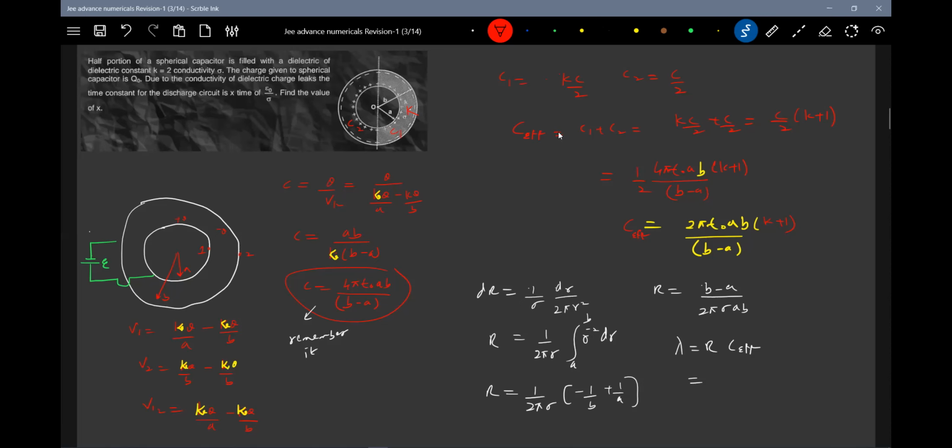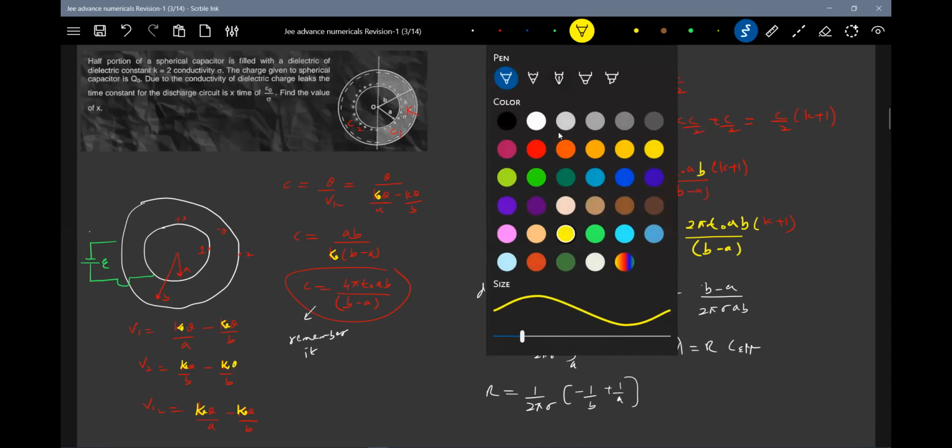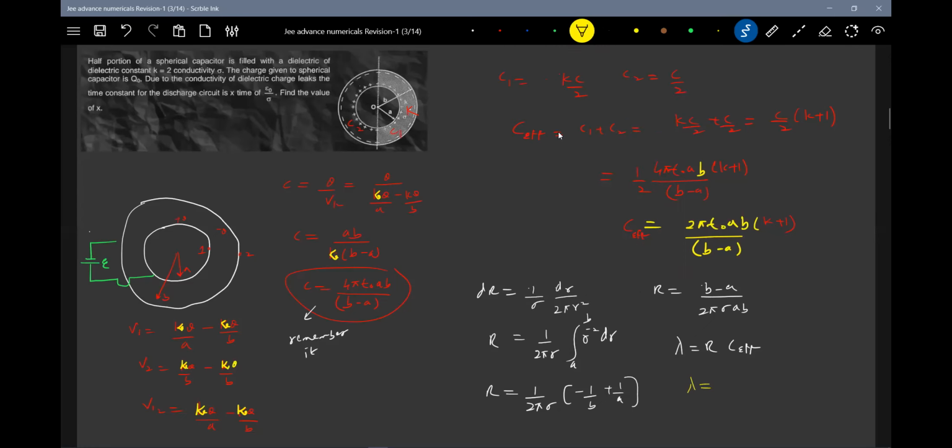What all will get cancelled? 2 pi AB will get cancelled. Let me write the final expression. Lambda is equal to sigma by epsilon naught (K plus 1). This will be the time constant of the circuit.